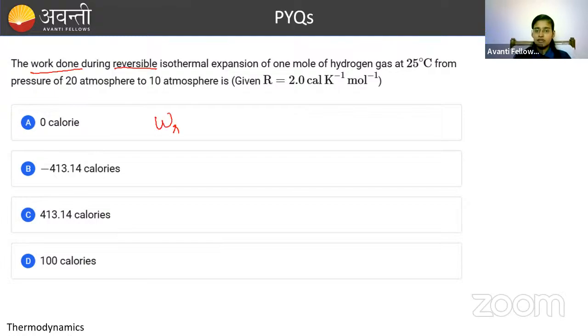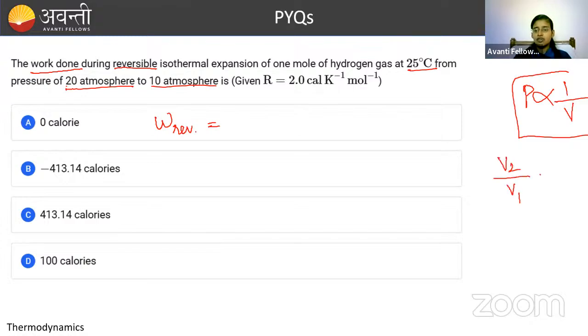And we are provided with the temperature and the pressure value. We don't have volume values, we have pressure values. So in terms of pressure, since pressure and volume are inversely proportional to each other, in place of V2 by V1, we have to put P1 by P2 in the formula. So what is the formula?